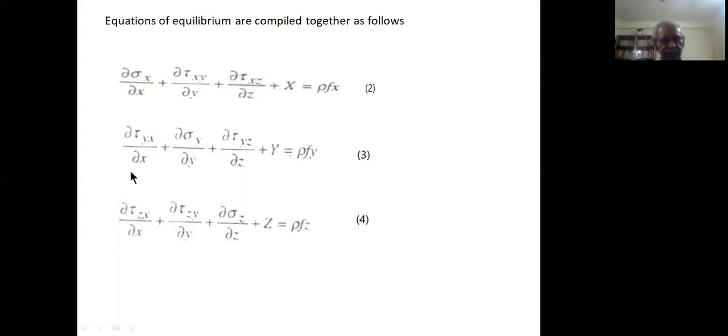The second equation, from the second row of the stress matrix, is del tau yx by del x plus del sigma y by del y plus del tau yz by del z plus body force in the y direction, capital Y, is equal to rho, the density, and Fy is the acceleration in the y direction.